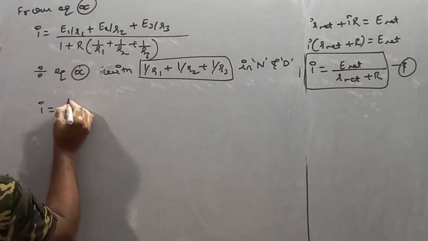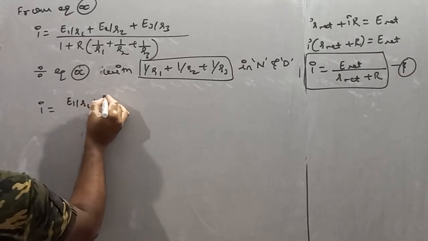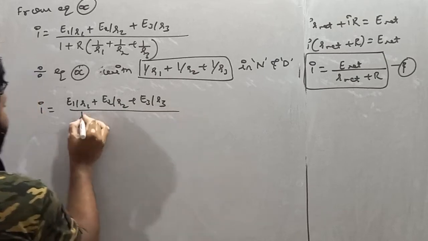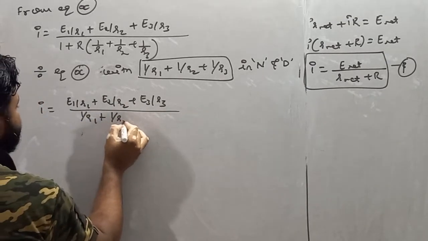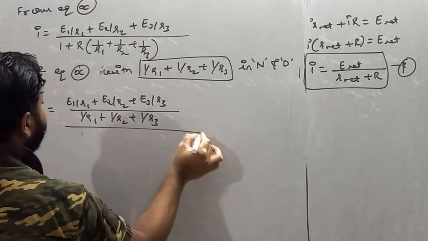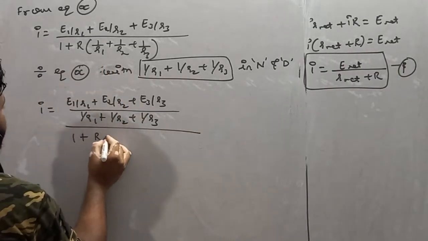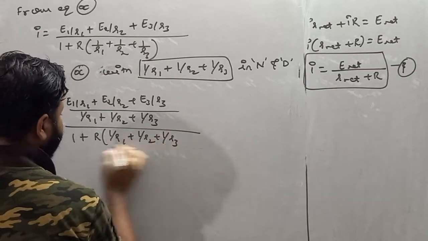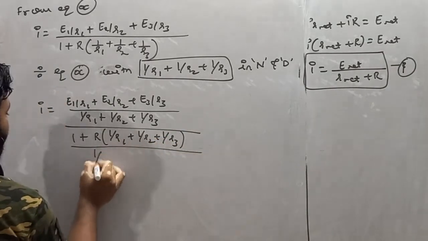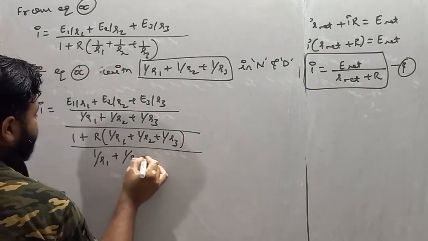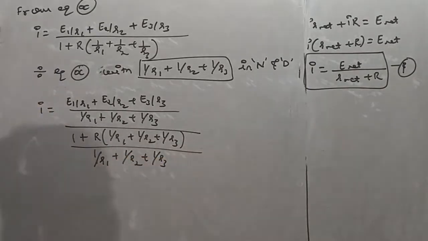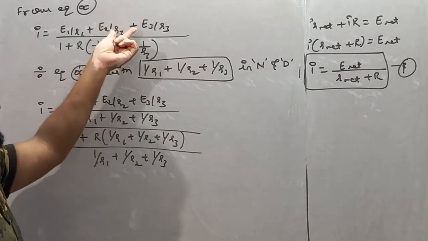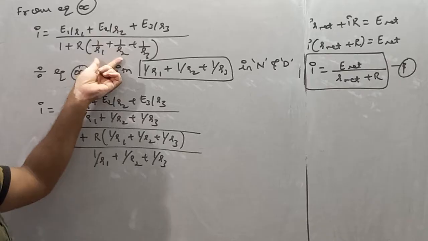It will be I is equal to E1 by R1 plus E2 by R2 plus E3 by R3 whole divided by 1 by R1 plus 1 by R2 plus 1 by R3, divided by 1 plus R, 1 by R1 plus 1 by R2 plus 1 by R3 whole divided by 1 by R1 plus 1 by R2 plus 1 by R3. What we are performing here is dividing in the numerator and dividing in the denominator.